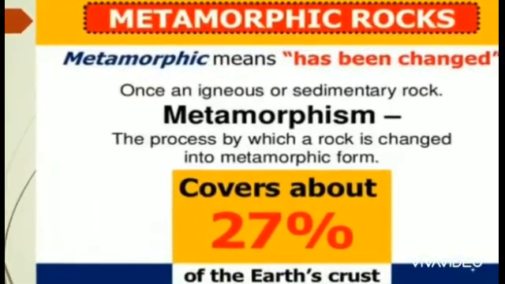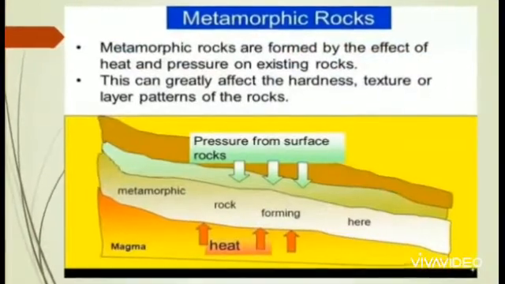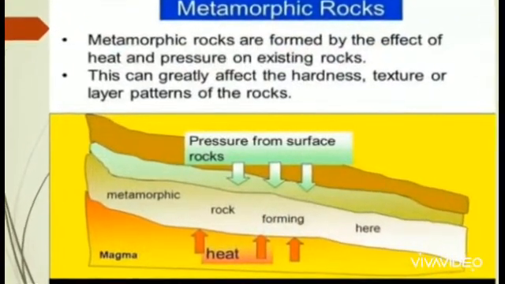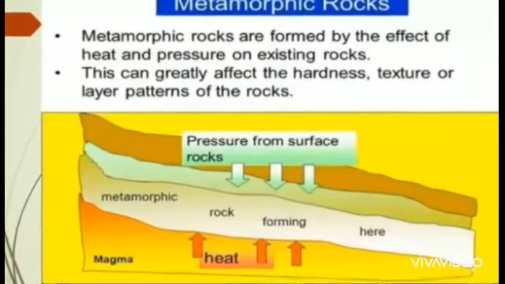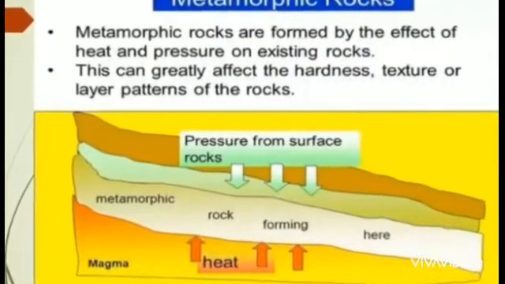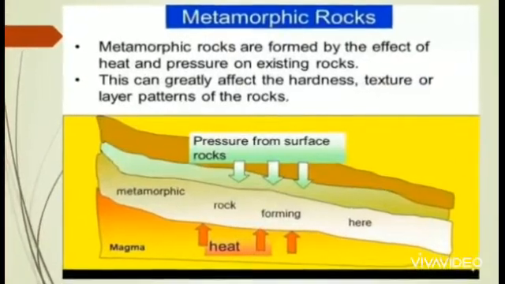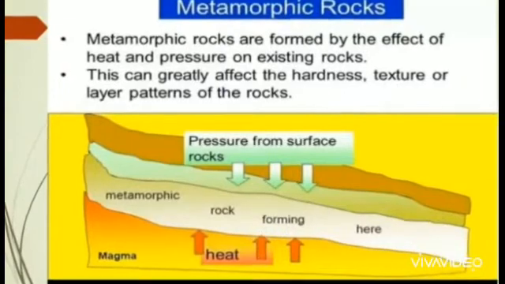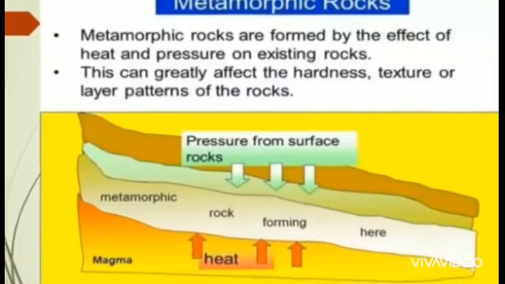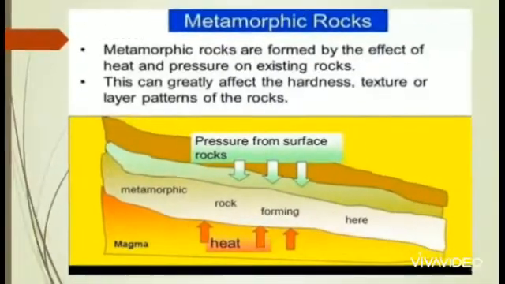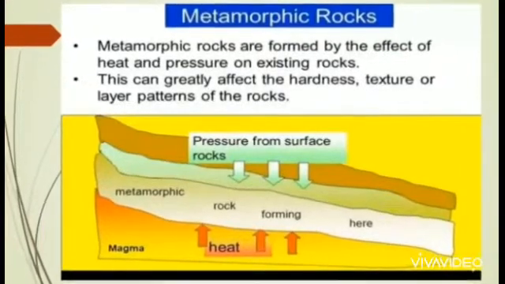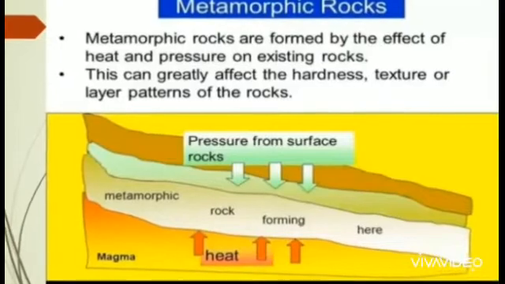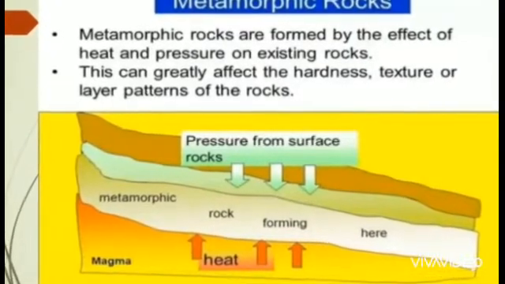Volcanic activity and other Earth movements constantly take place on the Earth. While these are occurring, the igneous or sedimentary rocks in that region are subjected to tremendous pressure and heat.